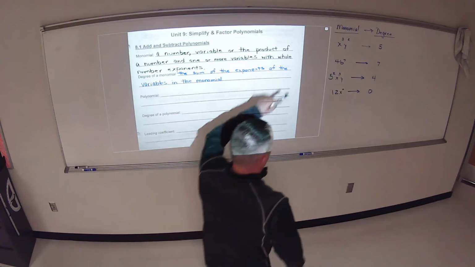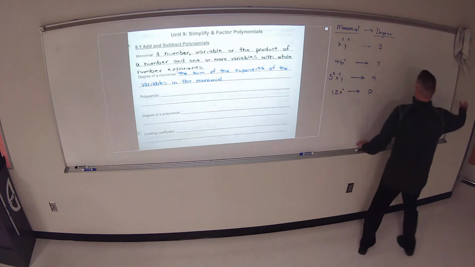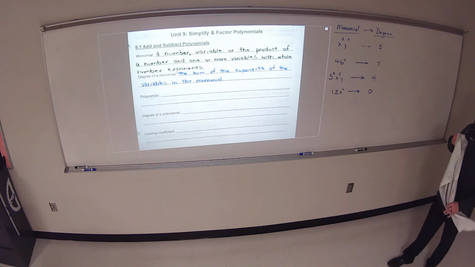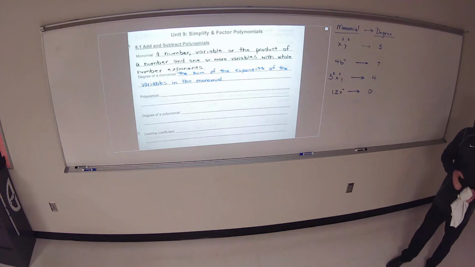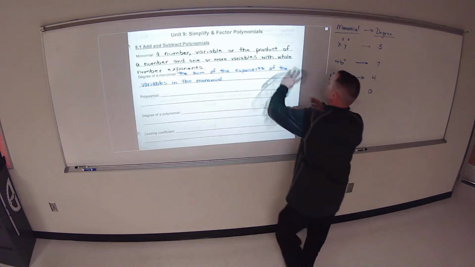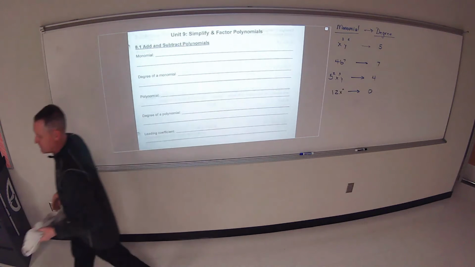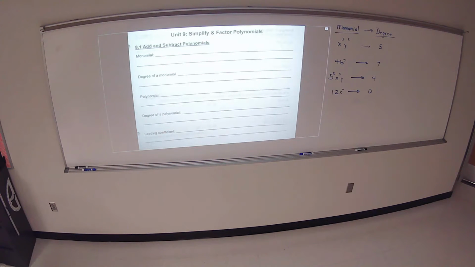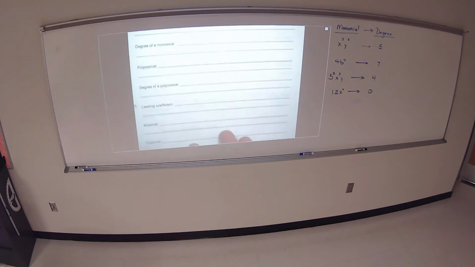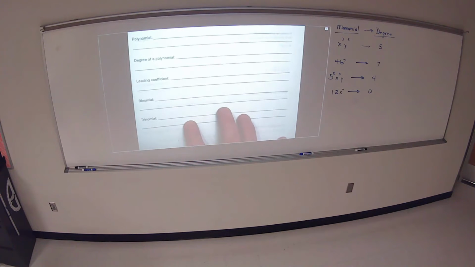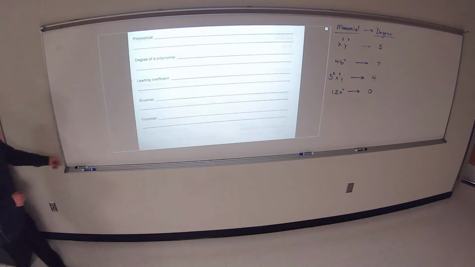Alright, so that's an example of degrees of a monomial. We're going to come back here and talk in just 2 definitions about the degree of a polynomial. But this is the degree of a monomial as we go through it. Okay? Alright, so now this entire unit is all about polynomials, so we need to talk about what that is. So here is our definition of a polynomial.